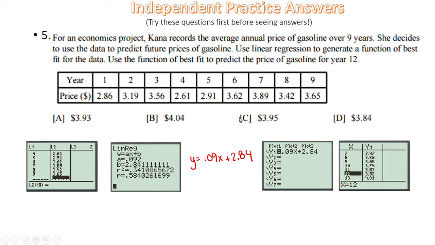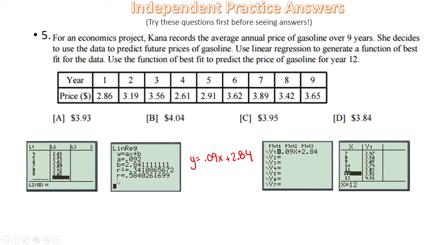Now $3.92 is none of my answer choices. So it's making me question which one of these is right, because A is really close to $3.92 and C is really close to $3.92. So what I did is I double checked all my values that I typed into stat and I saw that they were all right.